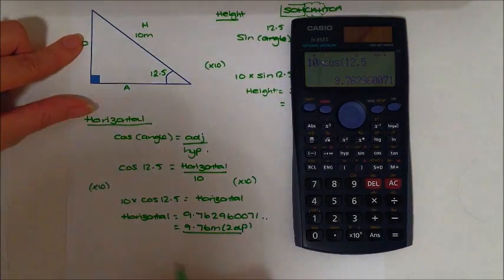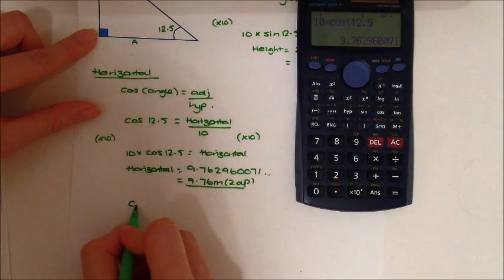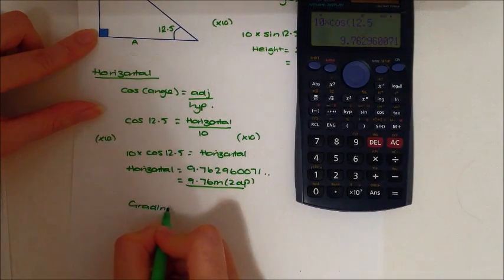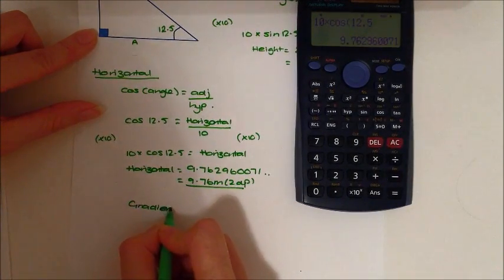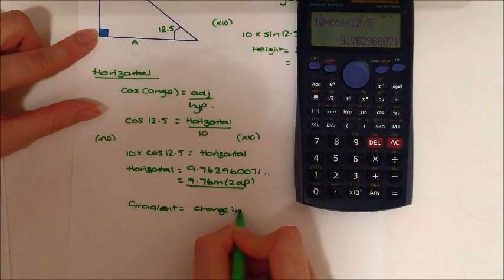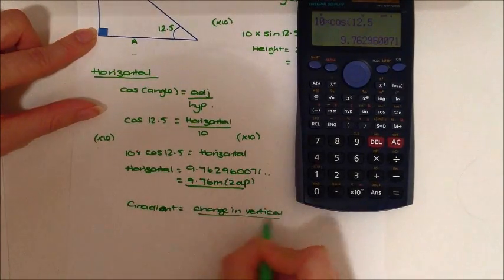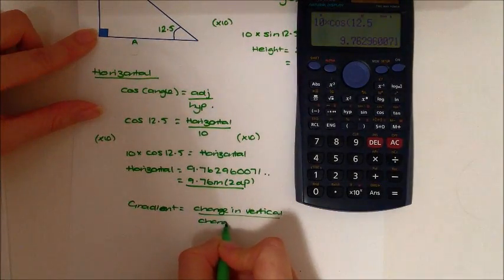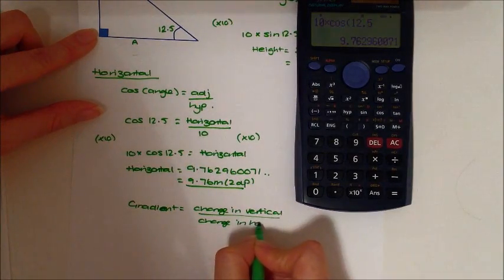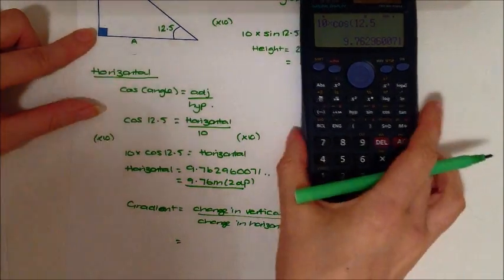Okay, time to get the gradient. So the gradient is change in vertical, change in height, divided by change in horizontal. And again, you just type these into your calculator.